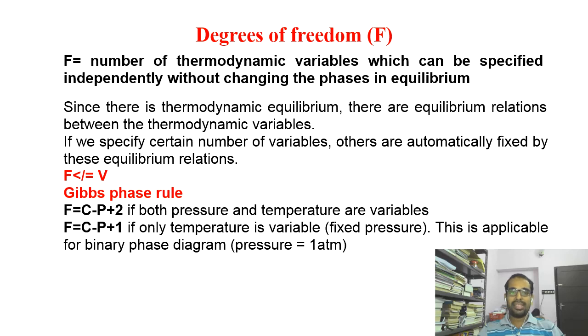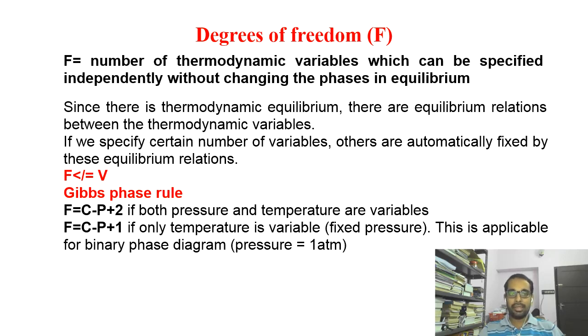So F is the number of degrees of freedom, which will always be less than or equal to the total number of variables. If you specify a certain number of variables, that is the number of degrees of freedom, then automatically the other variables are fixed in order to have the equilibrium conditions.